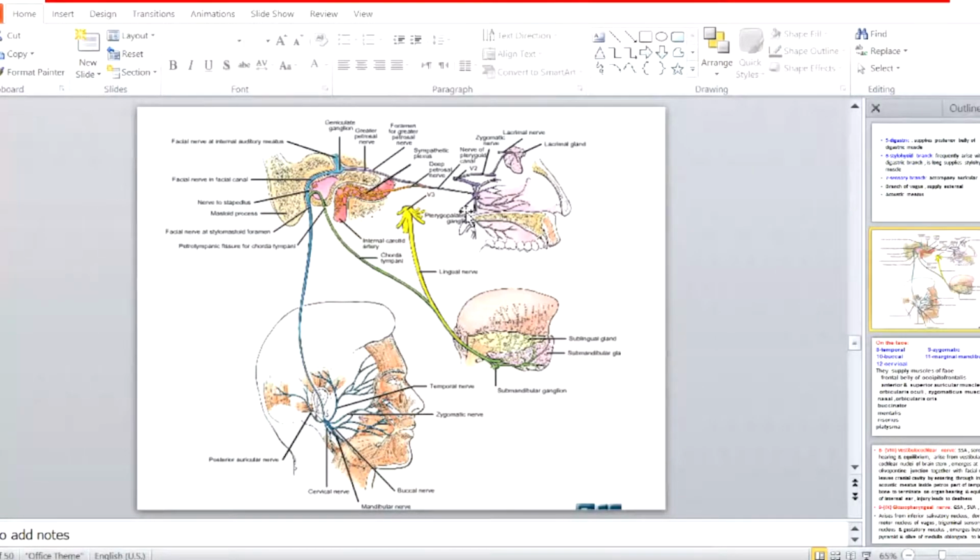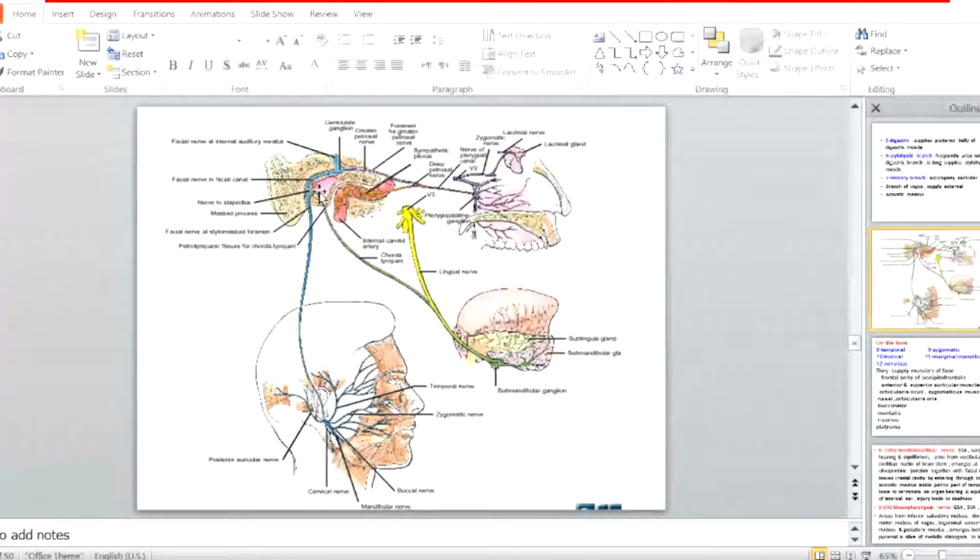Now, the facial nerve is subjected to a lot of diseases. The facial nerve passes in the posterior wall of the middle ear cavity in this S-shaped bony facial canal, and the chorda tympani branch of it enters inside the middle ear. Infections of the middle ear, otitis media, when there is pus inside it with pressure, might invade the canal and lead to pressure on the facial nerve or on the chorda tympani nerve.